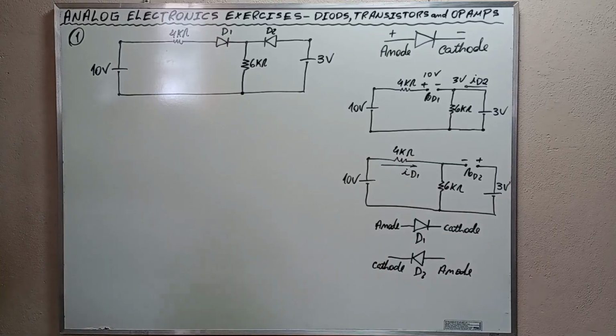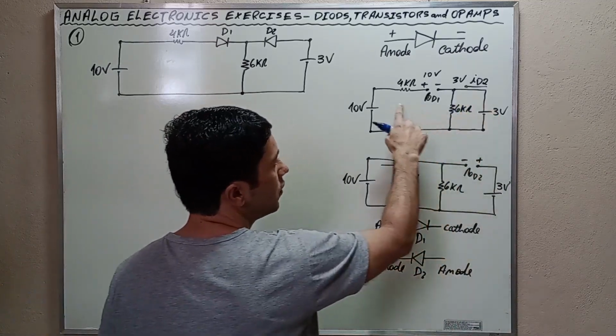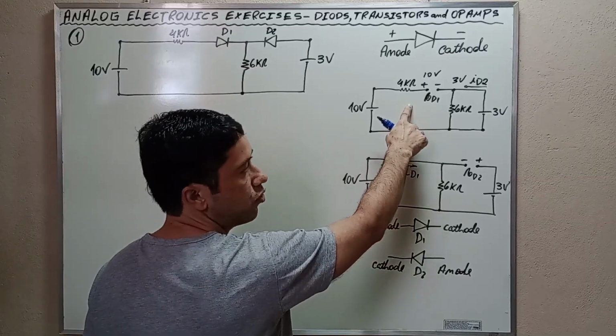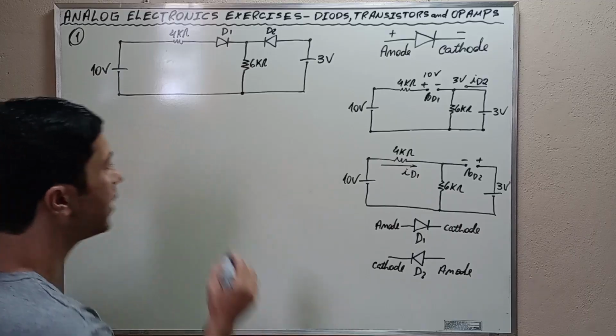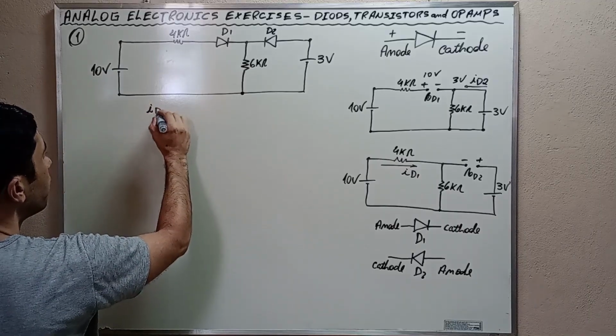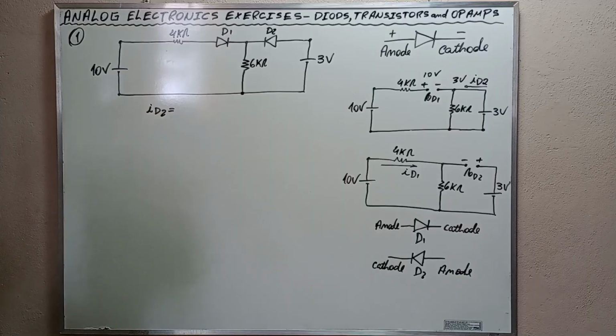Observe that as the left branch is open, ID2 is the only current passing through the 6 kilo ohms resistor. This part of the circuit is open and this part has current, and ID2 is the only current passing through the 6 kilo ohms resistor.